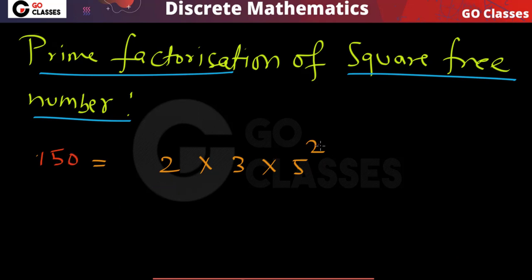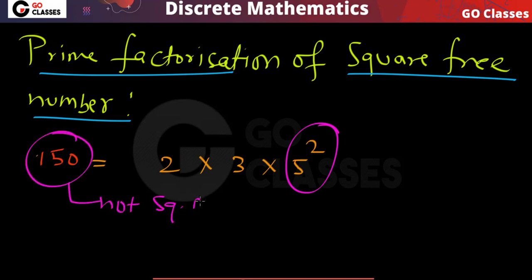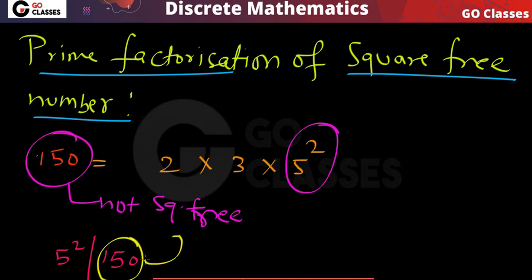This is not square free, because you can clearly see that 5 square divides 150. Remember 5 is a prime number, and because 5 square divides 150, I can say that this is not square free.